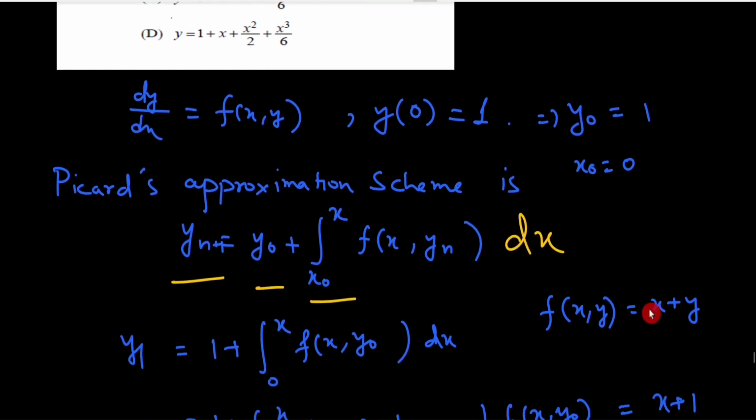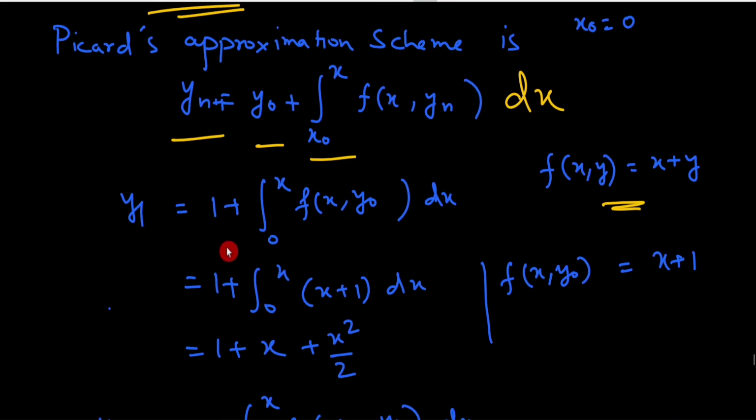Now here dy dx equal to f of x y means f of x y equal to x plus y. Now we get y1 equal to y0, and y0 means here 1, since y at 0 equal to 1. This is y0 and this is x0. So this is equal to x0 means 0, 0 to x f of x y0 dx.